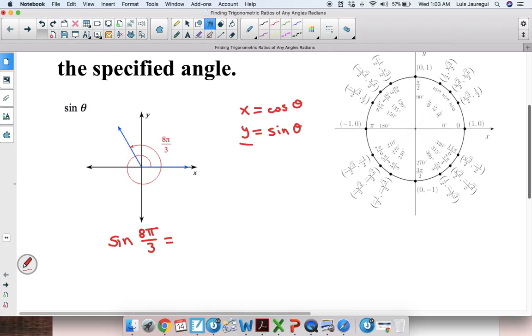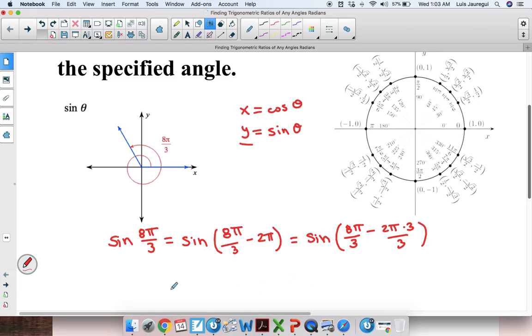In this case, what we're going to do is say, well, this is just sine of 8 pi over 3 minus 2 pi. However, we're going to look for the common denominator. In this case, it happens to be 3. So this is the same as sine of 8 pi over 3 minus 2 pi times 3 over 3.